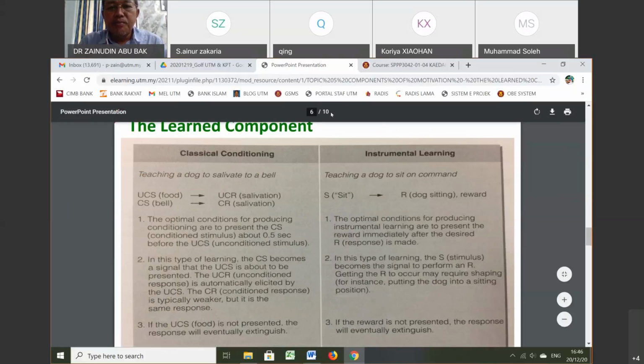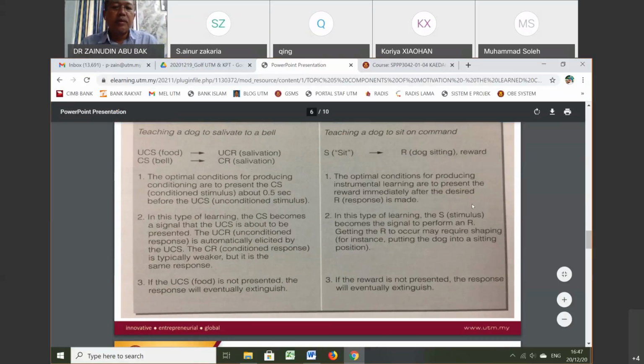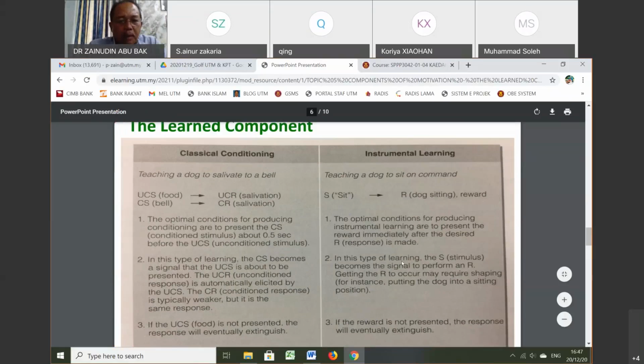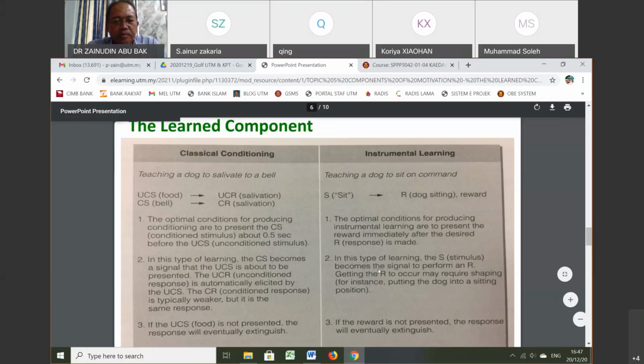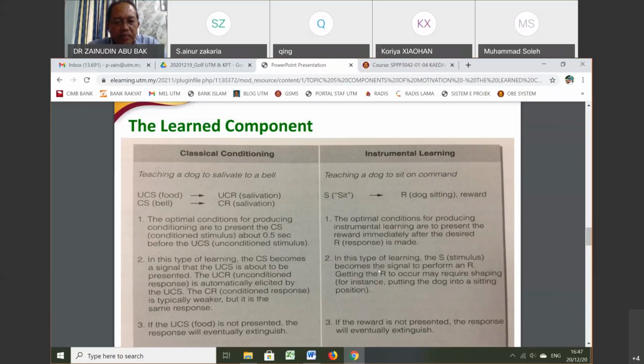I'll give you some copy here. This is actually from a book about the behaviorism theory, about stimulus and response. So if you look back to the theory, they say classical and then operant conditioning.